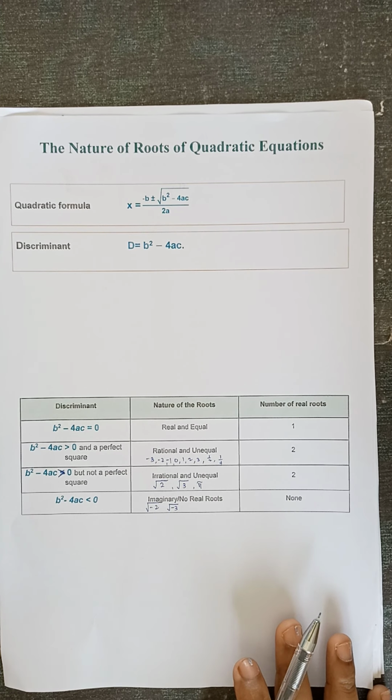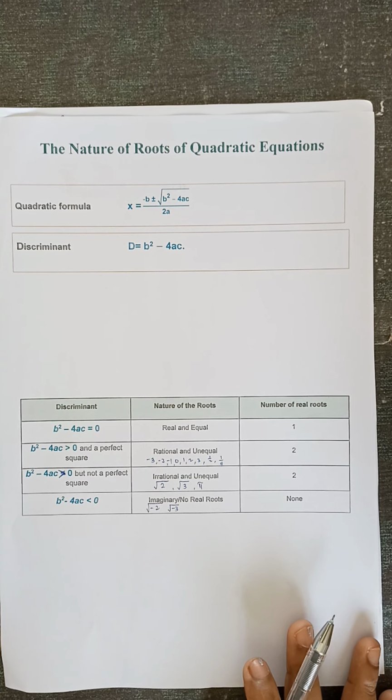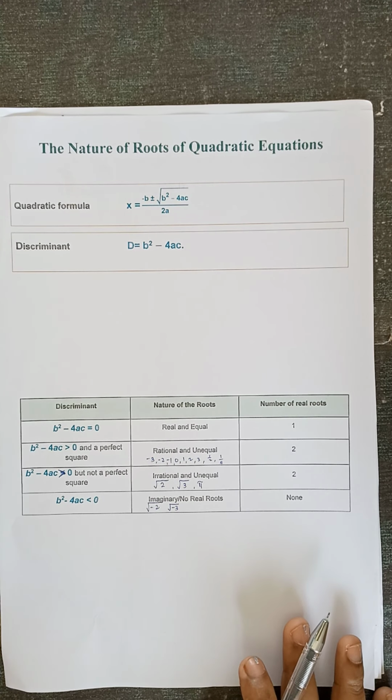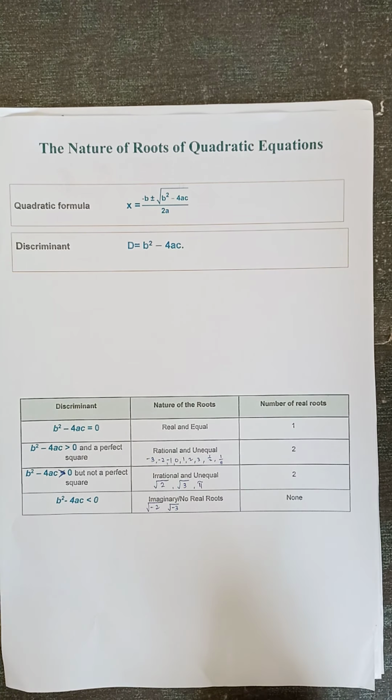So this time we're going to discuss the nature and roots of quadratic equations. Last lesson you discovered how to find the roots of a quadratic equation by using four methods. The first one is extracting the square roots.